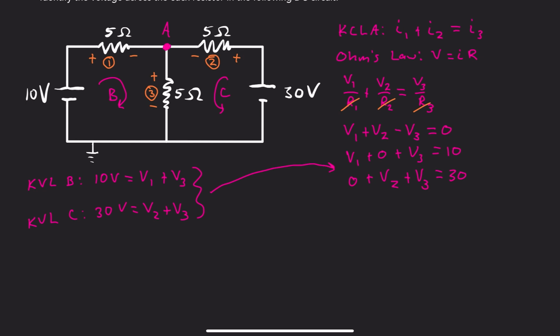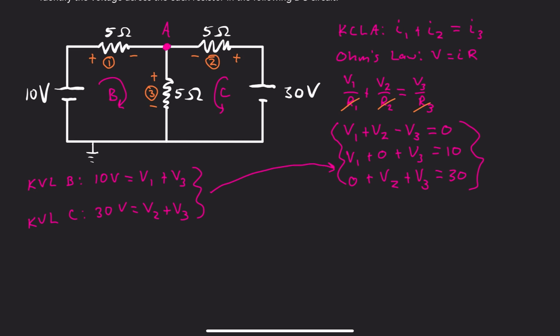Now I wrote zeros for voltage terms that don't exist in the voltage side of the equation. I did that because you can represent this system of equations as a matrix equation and simultaneously solve for each term in the equation without the need for a bunch of substitution.